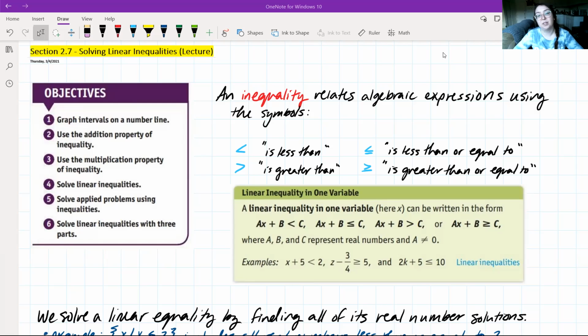Some examples of linear inequalities would be x plus 5 is less than 2, z minus 3/4 is greater than or equal to 5, and 2k plus 5 is less than or equal to 10.